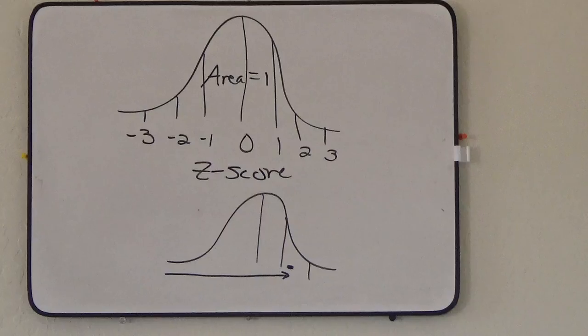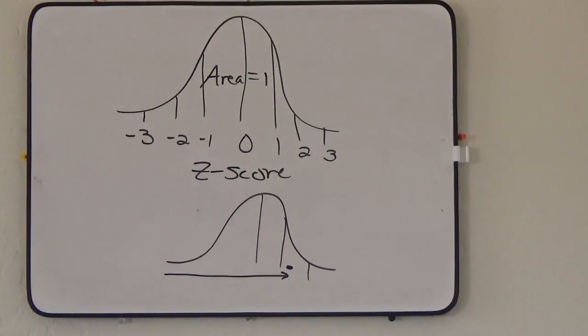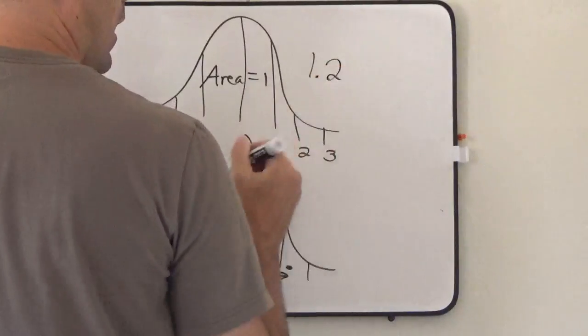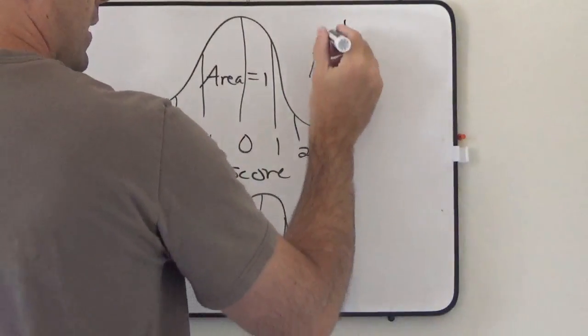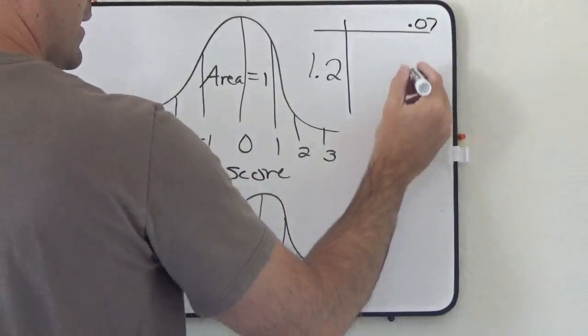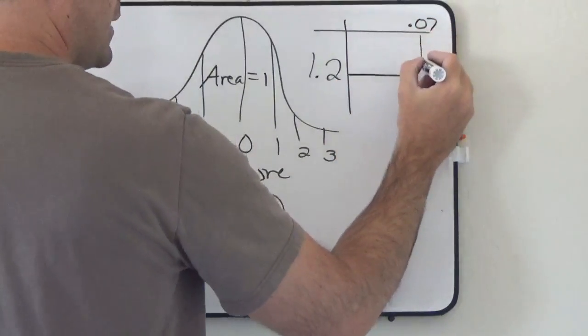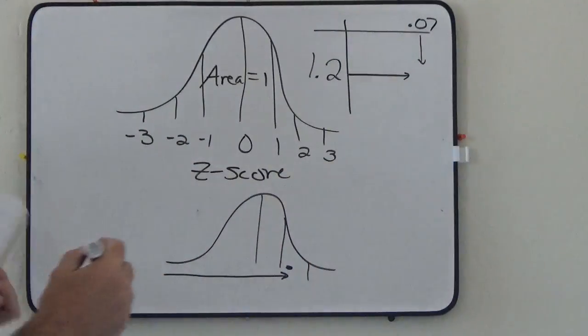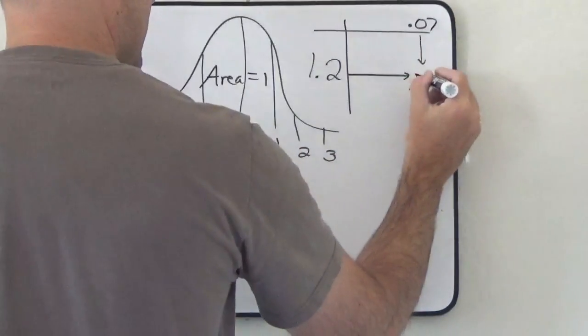So what you're going to look for is positive 1.2 on the left-hand column, and on the top you're going to find 0.07, and you're going to go to where those meet on your table, and you're going to find the answer is 0.8980.